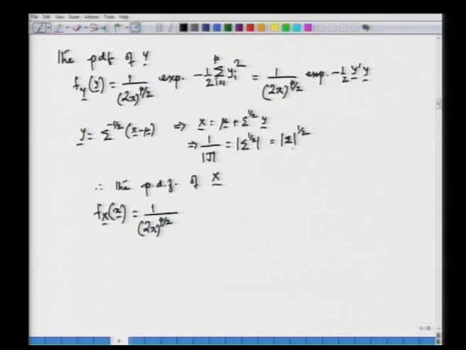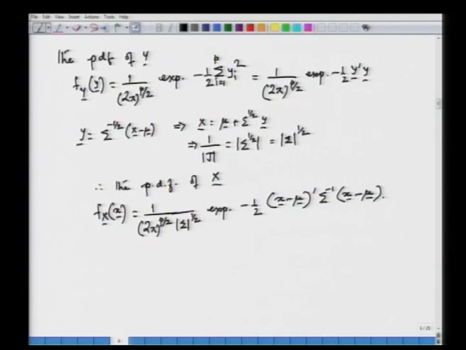I have to consider the reciprocal of this Jacobian, so it comes in the denominator, determinant of sigma to the power half, and in the exponent part, instead of y transpose y, I am simply getting x minus mu transpose sigma inverse x minus mu.